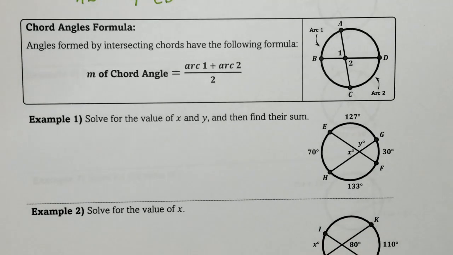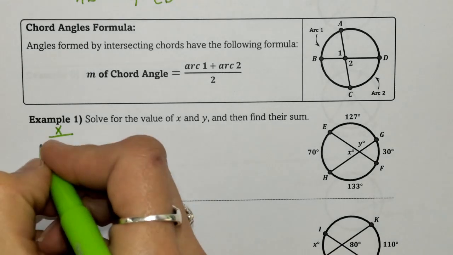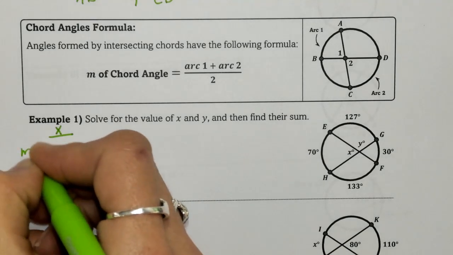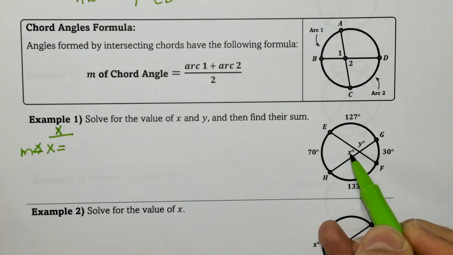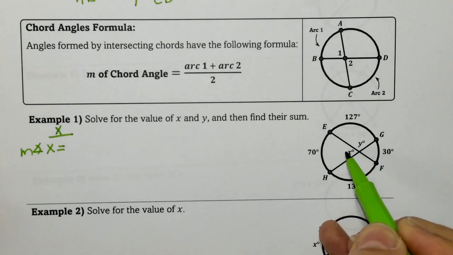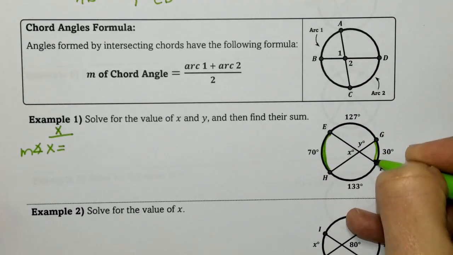So here we're going to find x, y, and z. Let's solve for x first. The measurement of angle x is going to be equal to x and its vertical angle over here. Its 2 arcs are going to be the 70 and the 30.